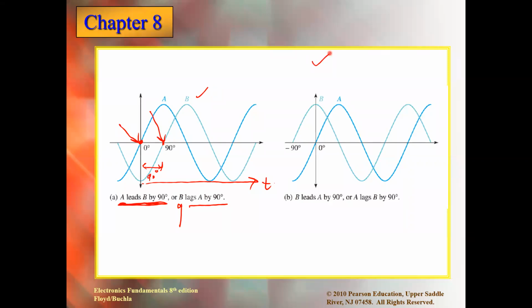Look at this relation now. If you look closely, who is starting earlier? A is starting here, but B is starting before that point. So this time, who is leading, A or B?